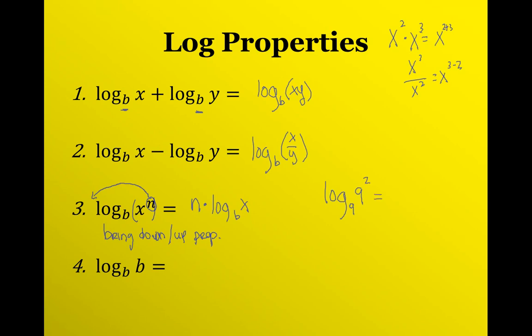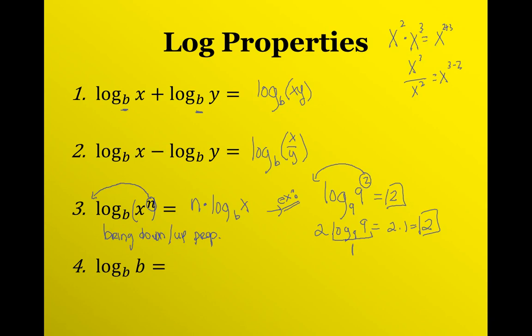If I wanted you to simplify this for me, and I want you to tell me what the log is equal to, you would say 9 to some power has to equal 9 squared, and you would get 2 as your answer. So I can also think about it, well, what if I brought that 2 out in front as a multiplier, and then I did 2 log base 9 of 9? Well, what is log base 9 of 9? 9 to what power is 9? 1. What's 2 times 1? Oh, also 2. So that rule is always going to work. So there's my example.